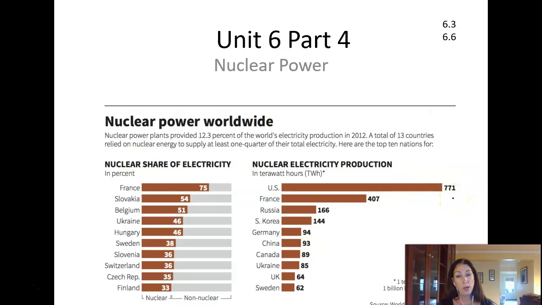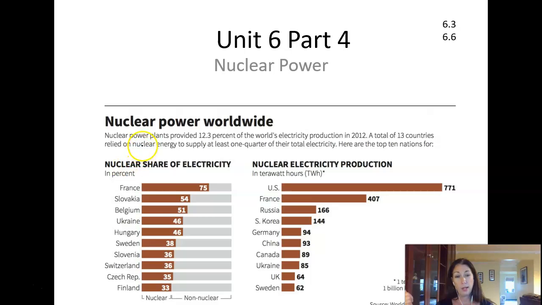But what I want you to remember is that the United States is one of the top energy consumers in the world because of our developed nation, and because we are so highly populated, so we do need a lot of electricity. That is a little bit misleading when you look at how much energy we create with nuclear power, and yet we're not even in the top 10 as far as nuclear share of electricity.